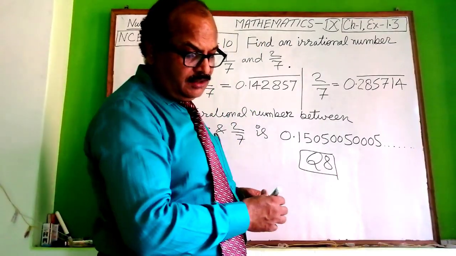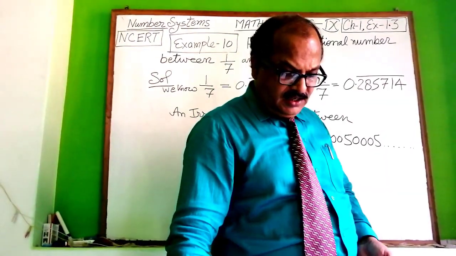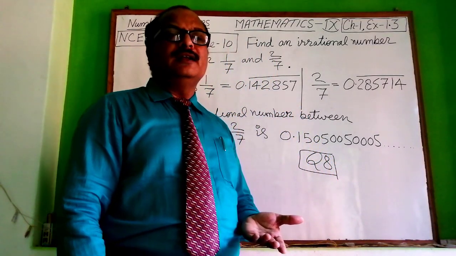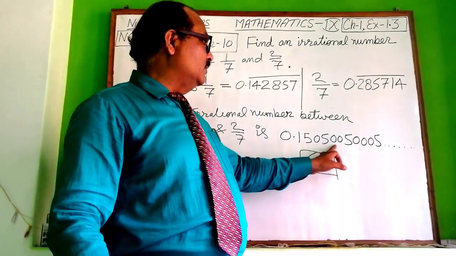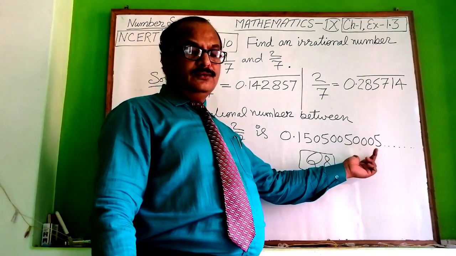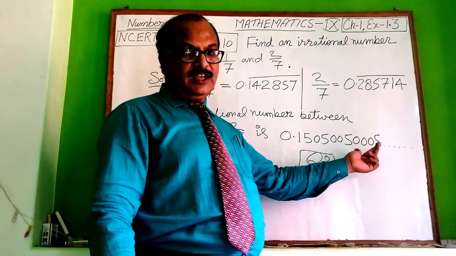Question number 7 is also of the same variety: write three numbers whose decimal expansions are non-terminating, non-recurring. Any three numbers you can write. Question number 8 is very simple. I have made one pattern, but the pattern you select depends on you. Question number 8 you may do yourself.